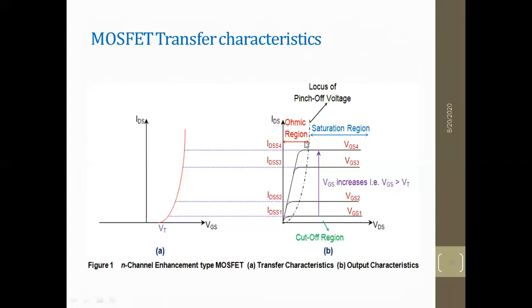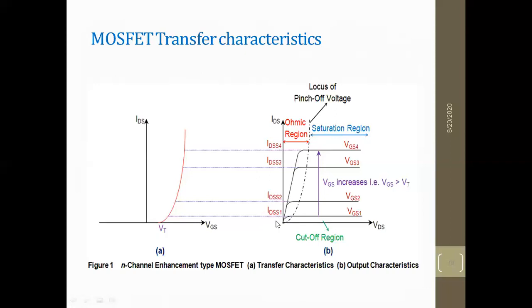This is very important: the drain to source voltage is less than or equal to the gate to source voltage minus the threshold voltage. That is nothing but the linear range.